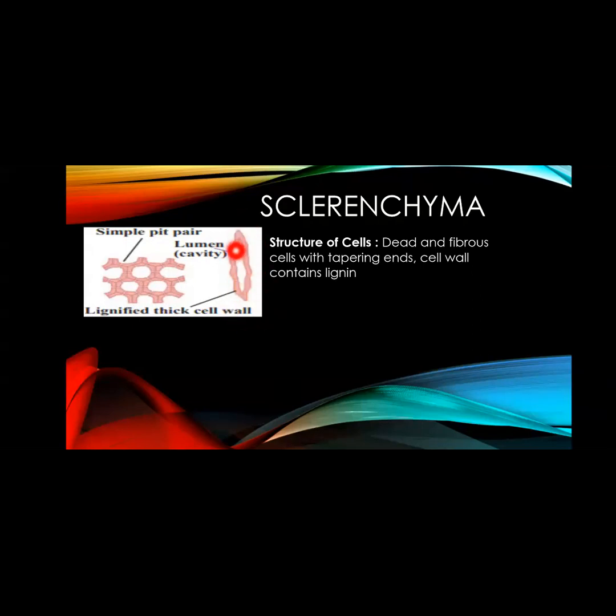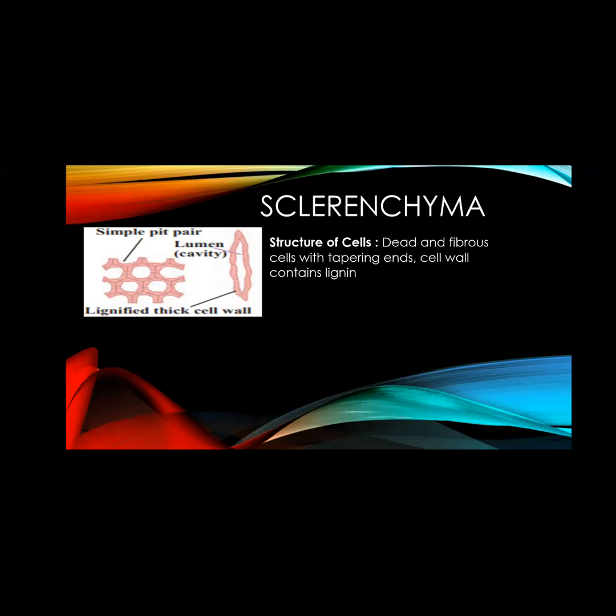It is flat at the center and tapering at both the ends. This is called a spindle shaped fiber. In case of parenchyma, the cells were oval or pentagonal, hexagonal. In case of Collenchyma, the cells were elongated. And in case of Sclerenchyma, the cells are spindle shaped.